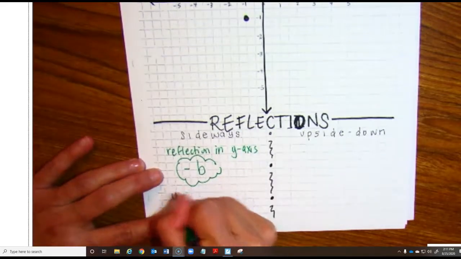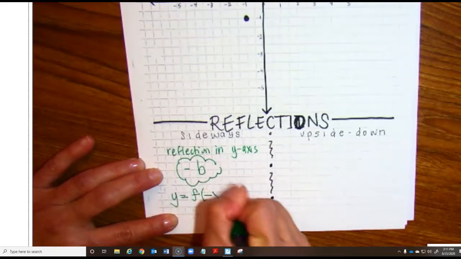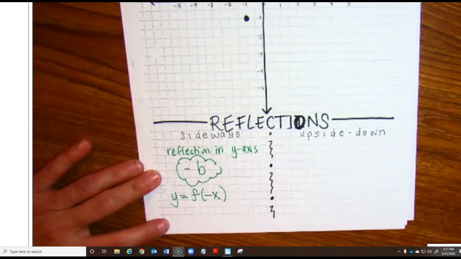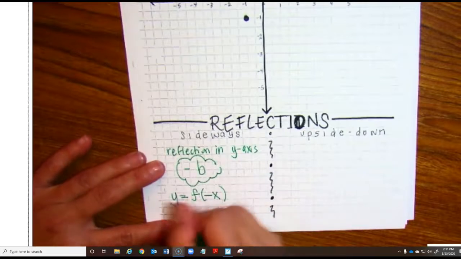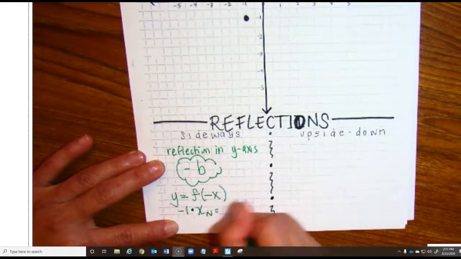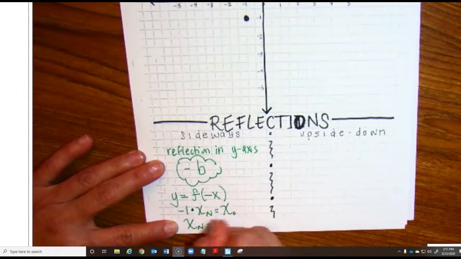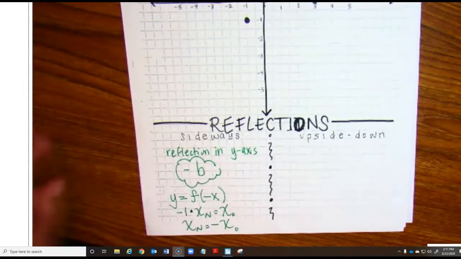So y is going to equal f of negative x. What we're going to do is remember that this is negative 1 times x sub new, and that's going to give you the original x value. Or x sub new is going to equal the opposite of the x of the original values.